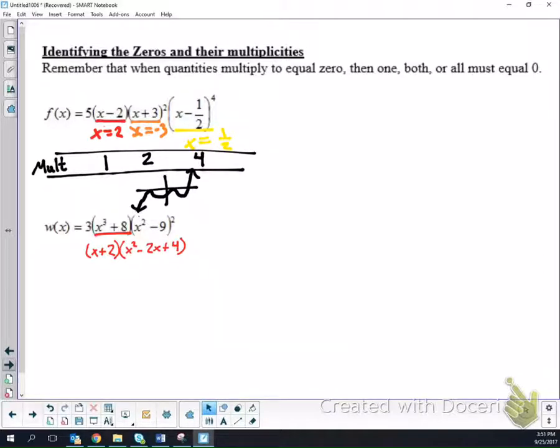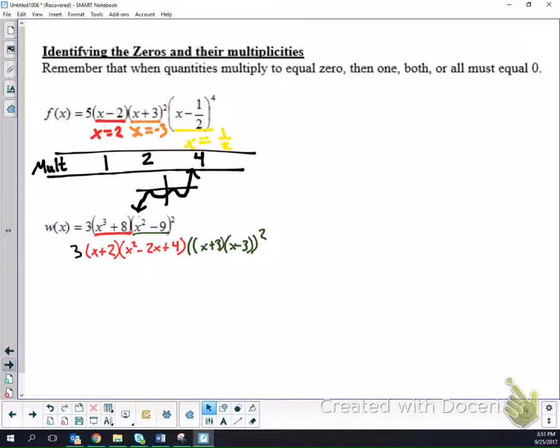We did have that 3 out in front, and now we've got this one right here in green. Now x squared minus 9. I recognize this as a difference of squares, meaning that this is going to be x plus 3 and x minus 3. And that's still squared.